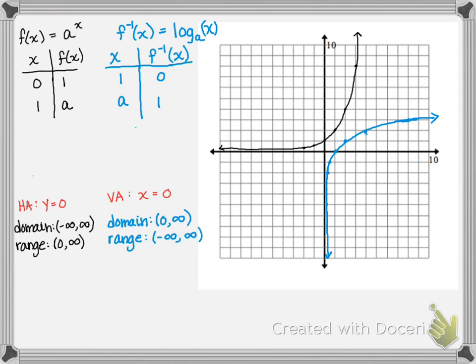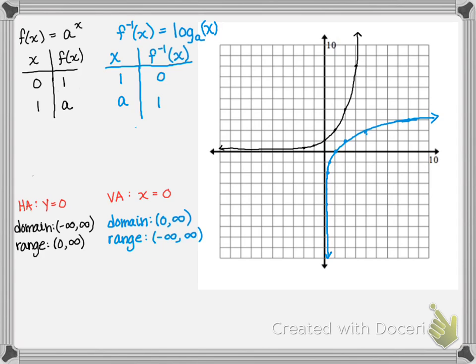And the one thing I want you to take away from this, other than the general shape of the graphs, is that a good question on a test may be like, here's the graph of, or I might not even give you the graph, graph f of x equals 5 to the x and its inverse, right?